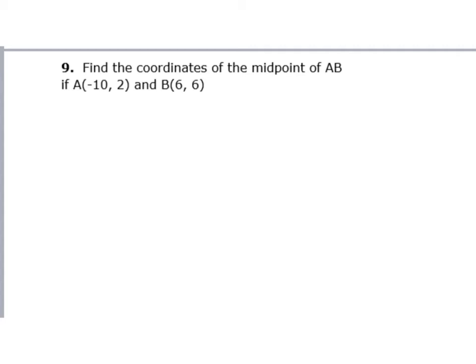Okay, let's look at 9. Number 9 wants to find the midpoint of AB if A is at negative 10, 2, and B is at 6, 6. There is a formula for that, but what I find a little bit easier is to write my 2 points one over the other: negative 10, 2, and then 6, 6. Notice I left a space for my midpoint.